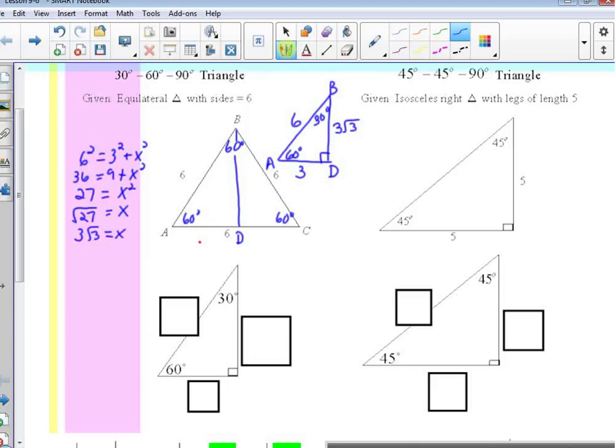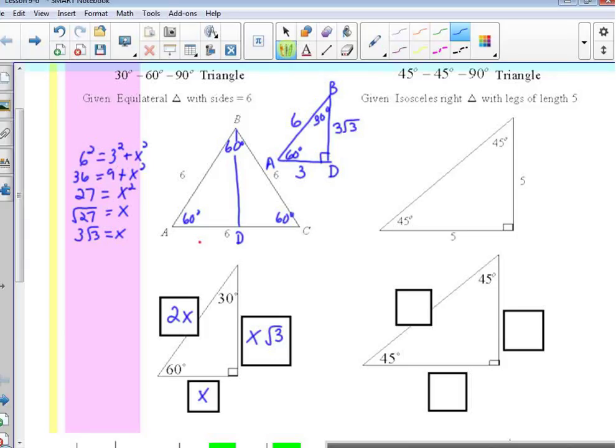So remember, the side opposite the 30 is x, the side opposite the 60 is x radical 3, and the side opposite the 90, or the hypotenuse, is 2 times the value. And it happens no matter what side lengths you begin with in an equilateral triangle.